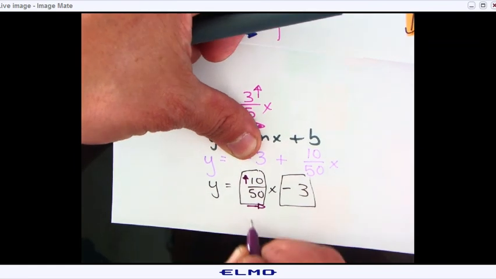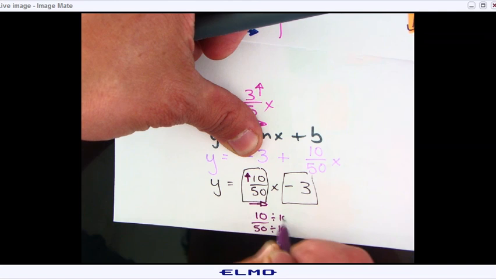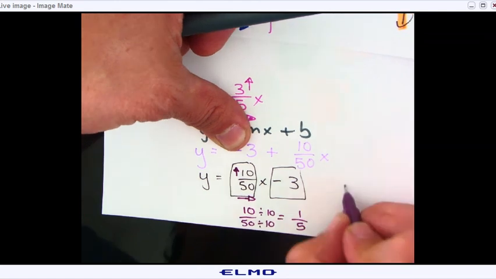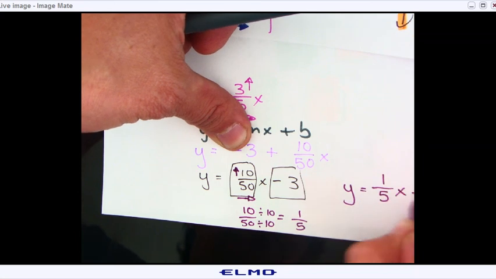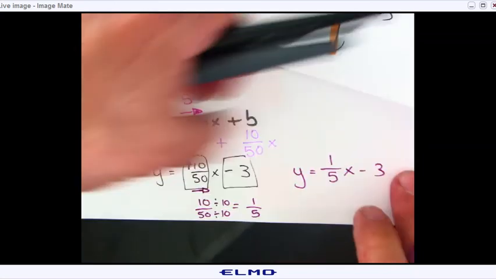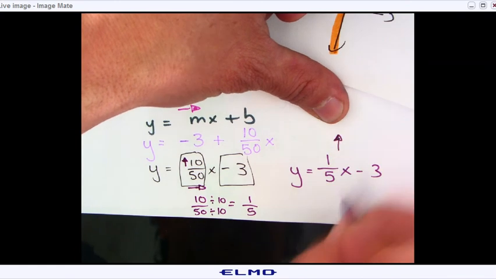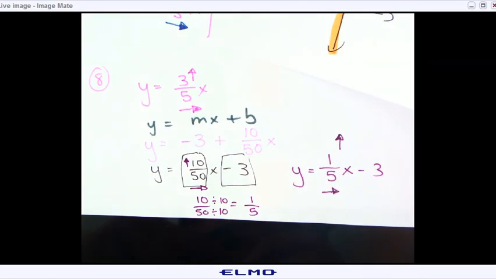So 10 over 50, I could divide by 10, and that's 1 over 5. So my new equation is y is equal to 1 over 5x minus 3. Okay? 1 over 5, which is rise over run. And there you go.